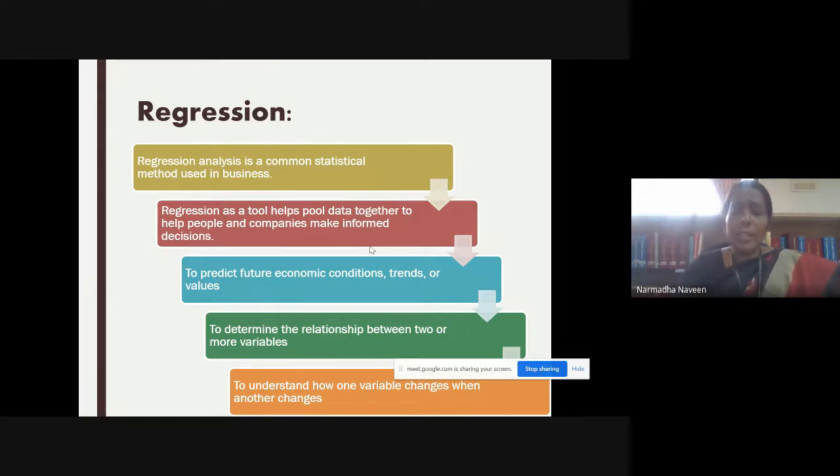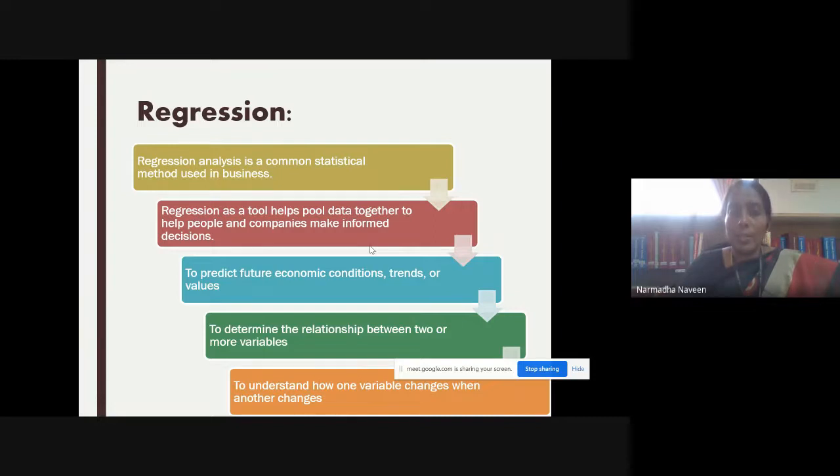And say, for example, if they would like to predict the future economic condition or trends or values, such as how the sales of a product will be during the seasonal period. In all these, we see that the regression model in machine learning plays a key role.